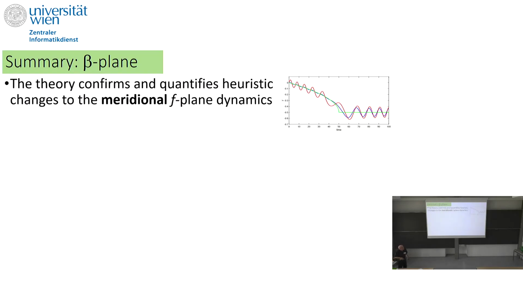But let's summarize the beta plane results. So the theory quantifies several things that we could anticipate in the F-plane results, like the transition time to the equator, which was very difficult to do straight from Ekman's results.